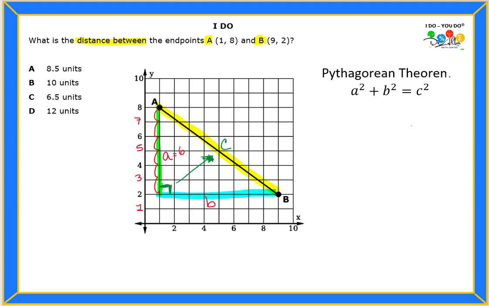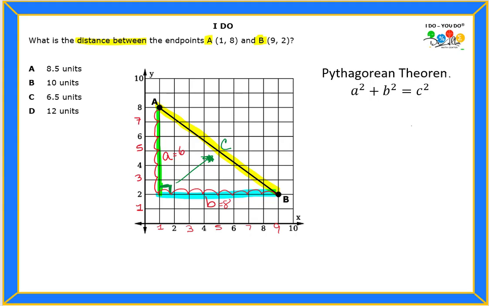So A is equal to 6. Very good. Now B, we're gonna count as 1, 2, because it's also counting by ones. Look, 1, 2, 3, 4, 5, 6, 7, 8, 9. Right? It's counting by 1 unit. So that's 1, 2, 3, 4, 5, 6, 7, and 8.